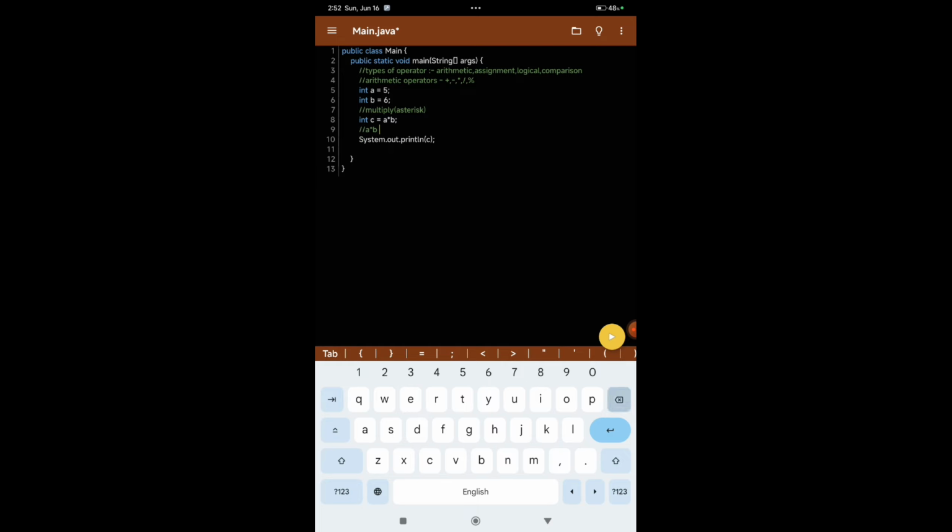Now let's understand the division operator. When I put here divide, division, an error may occur when I run it because I am dividing 5 by 6.